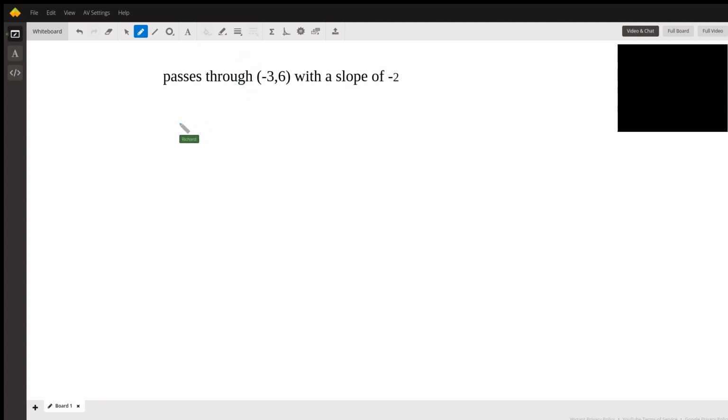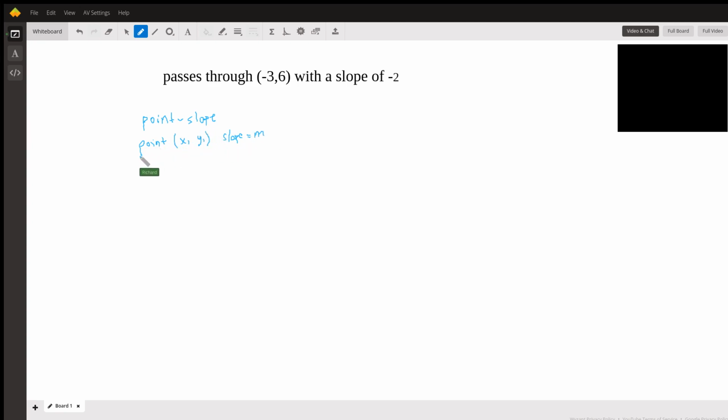I'm going to start with something called point slope. The point slope form of the line is just you have a point, which is called x1, y1, and you have a slope that equals m.